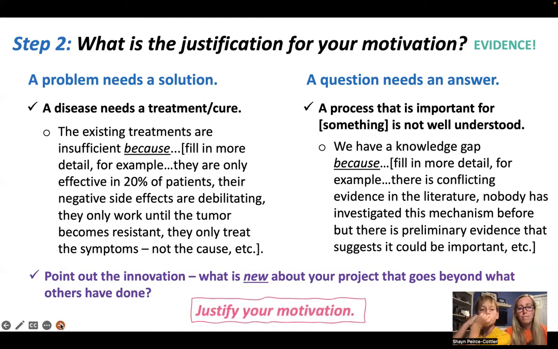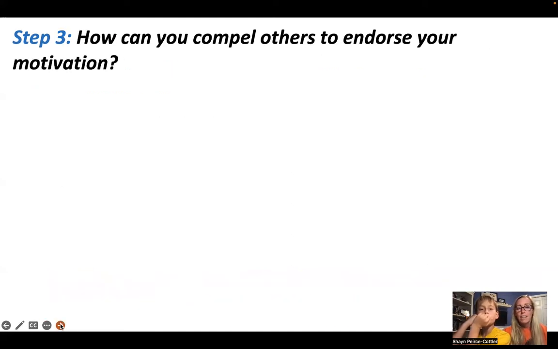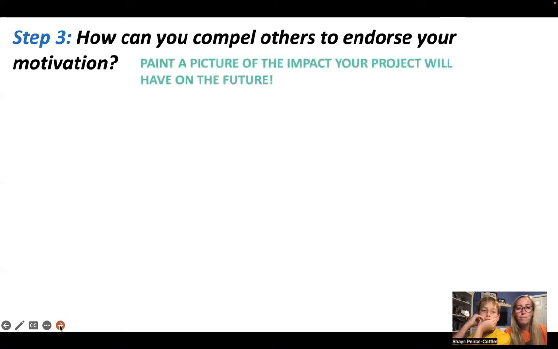So in step 3, the question that you're trying to answer is, how can you compel others to endorse your motivation? And by this, I mean, for example, painting a picture of the impact your project will have on the future.